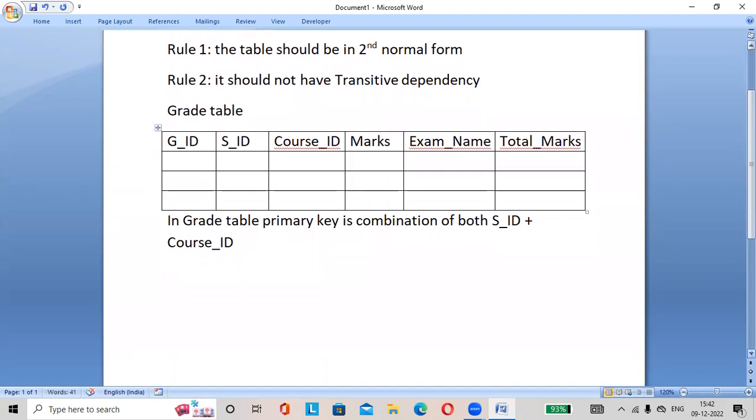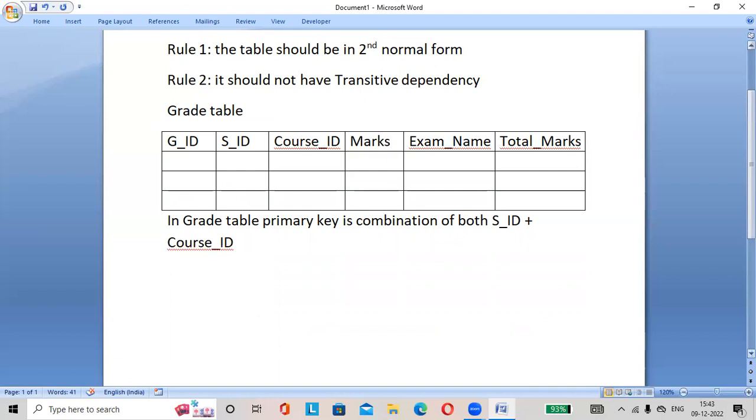What are the rules of primary key? It is unique and not null. It accepts unique values. It does not accept null values. And it does not allow duplicate values. These are the properties of a primary key.